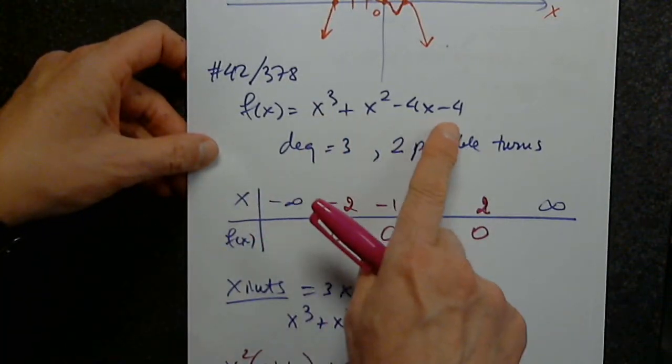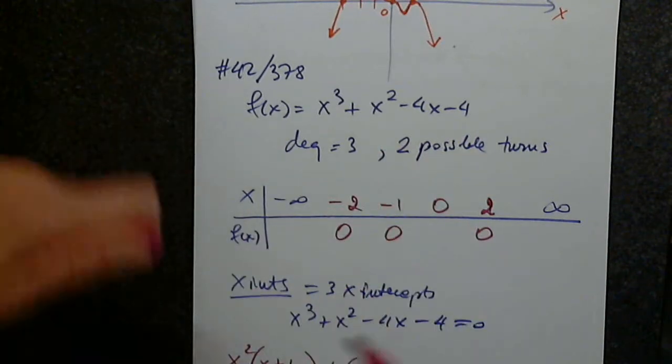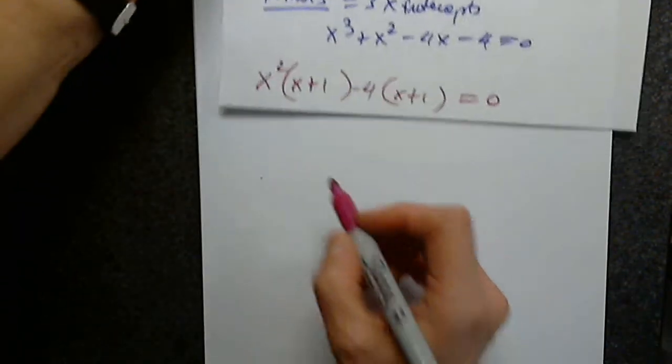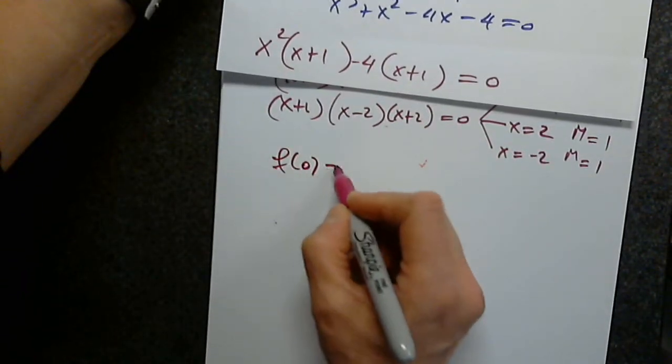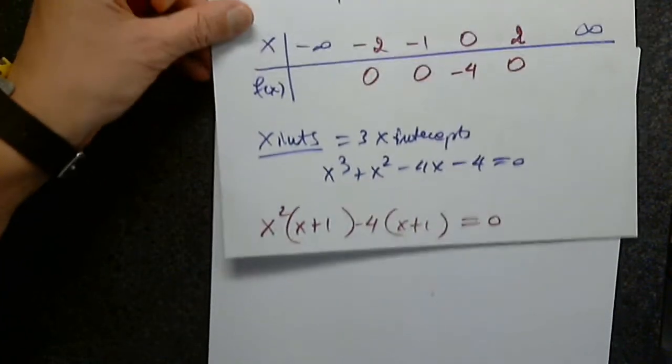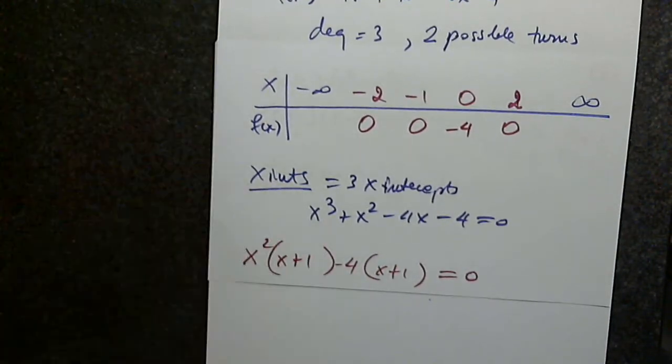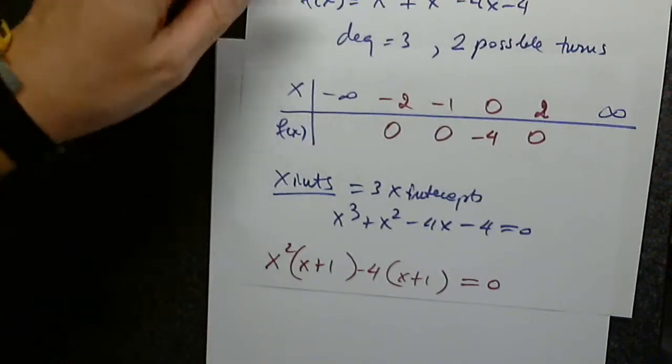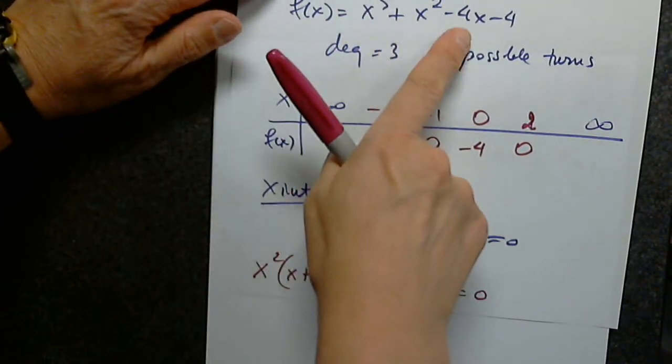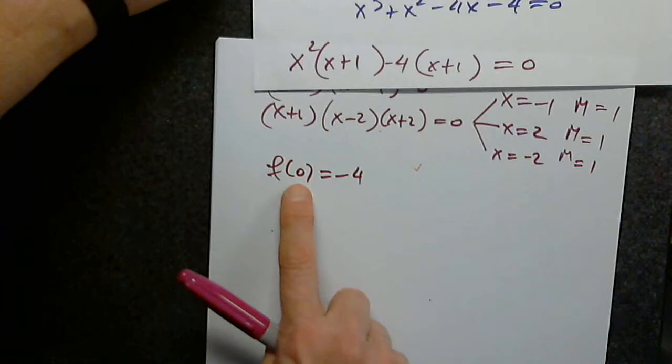Now let's plug in 0. So f of 0 equals -4, which is the y-intercept. We have to plug in 0, and we get -4.